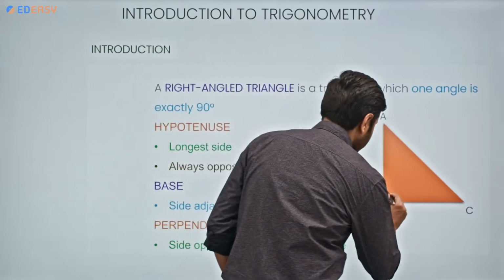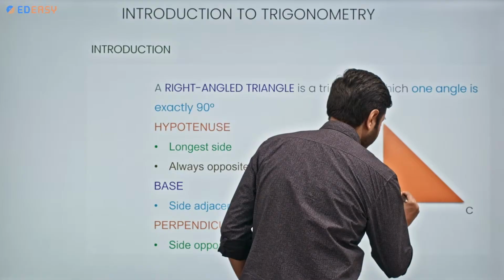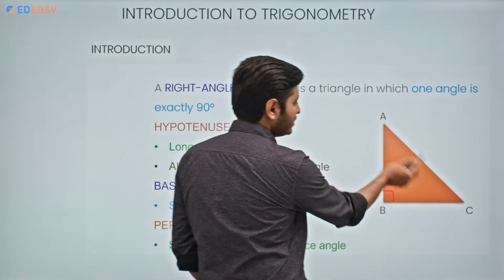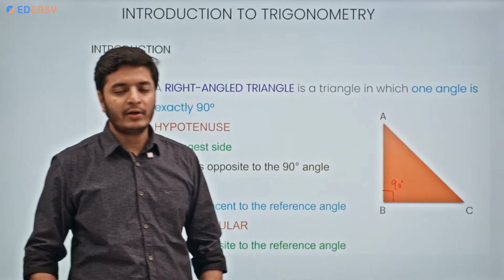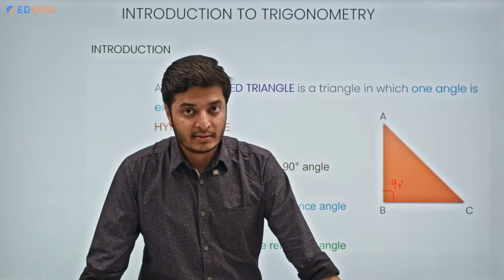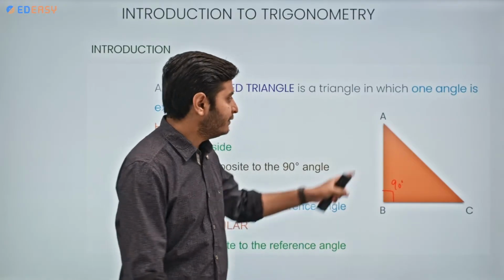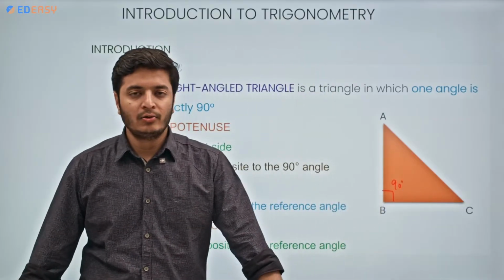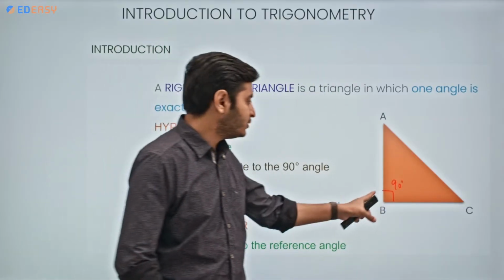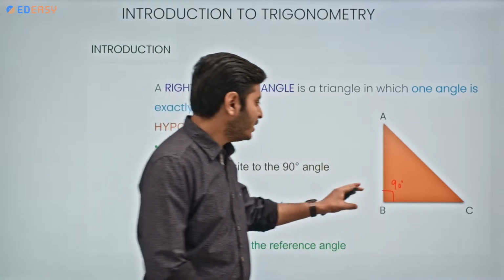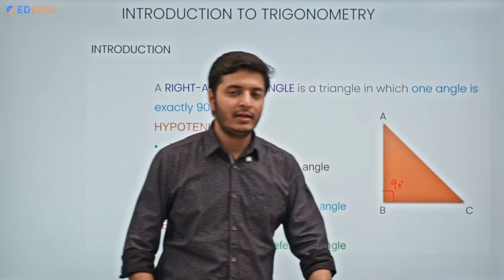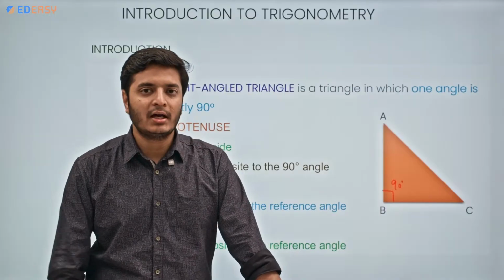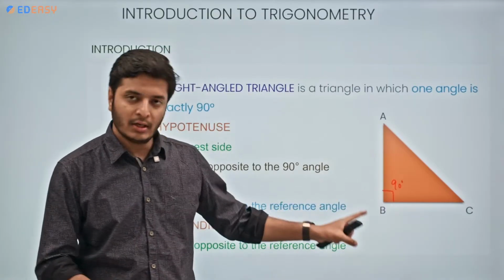Suppose this angle is 90 degrees. Then the sum of the other two angles would be 180 degrees minus 90 itself. So even if this is 1 degree, then it will be 89. So not greater than or even equal to this angle. So this is the highest value. If a 90-degree angle is there, then it is the highest angle present in that triangle, correct?